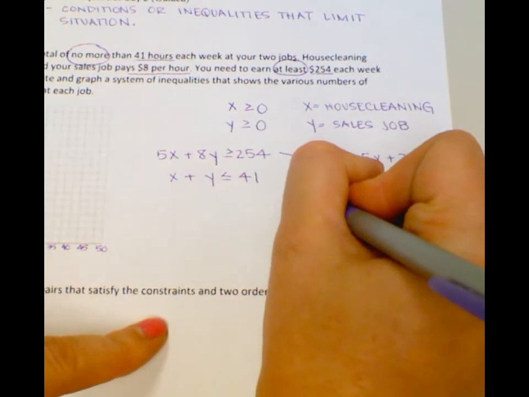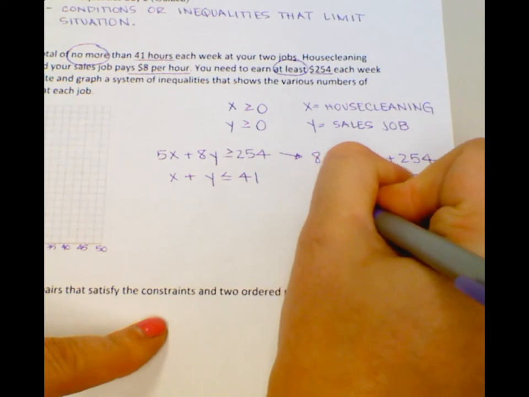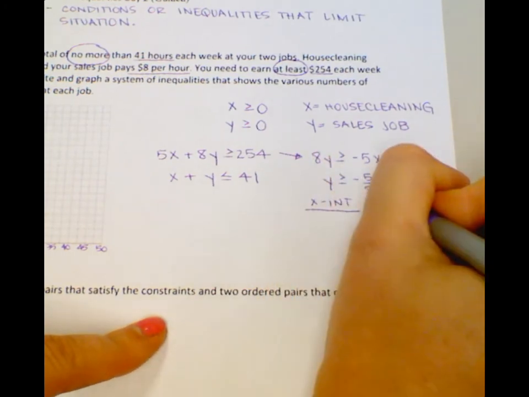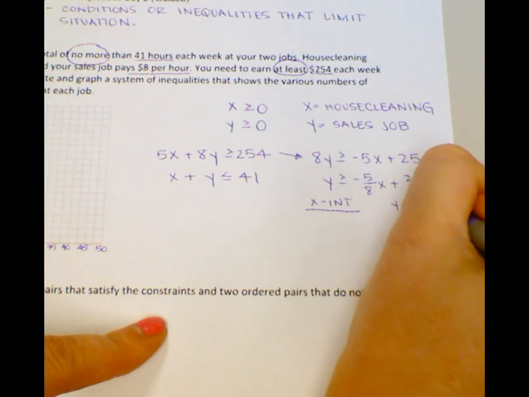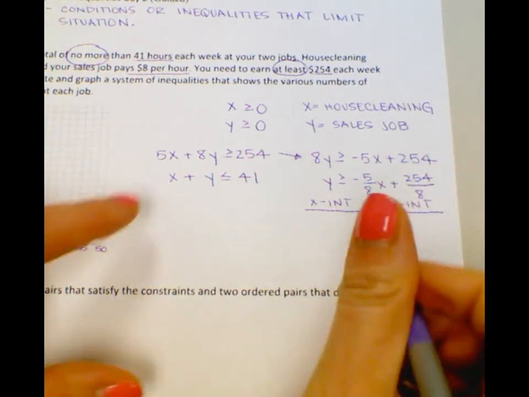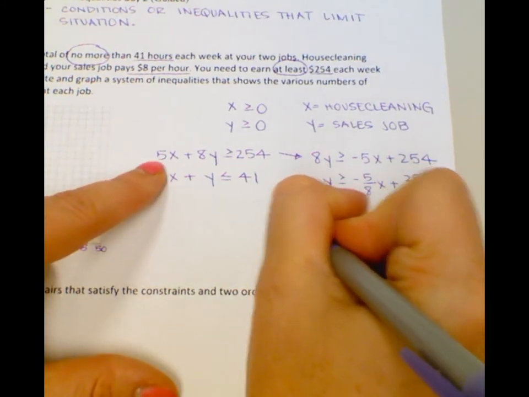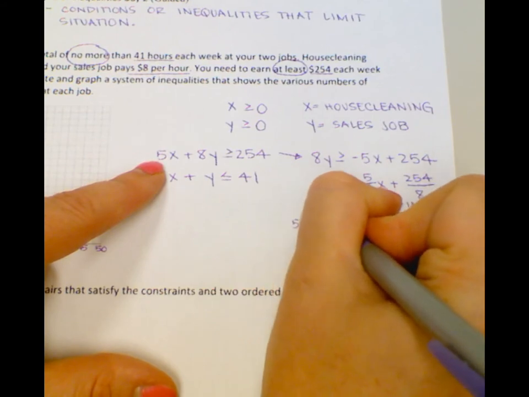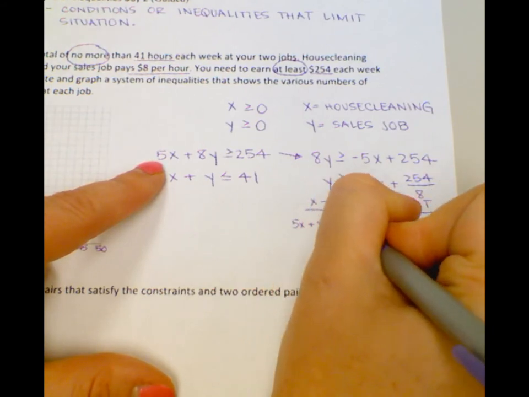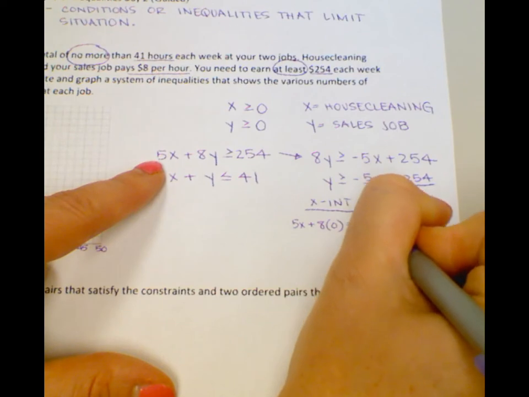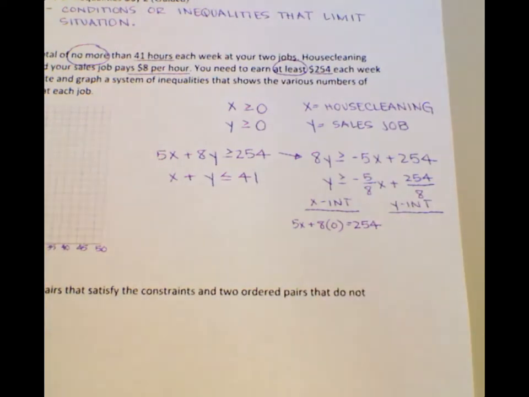All right, so let's start with x-intercepts. Remember, when you do the x-intercept, you are plugging a 0 in for your y. So I'm going to have 5x plus 8 times 0 is equal to 254. Just change it to equals so that we can just solve it.